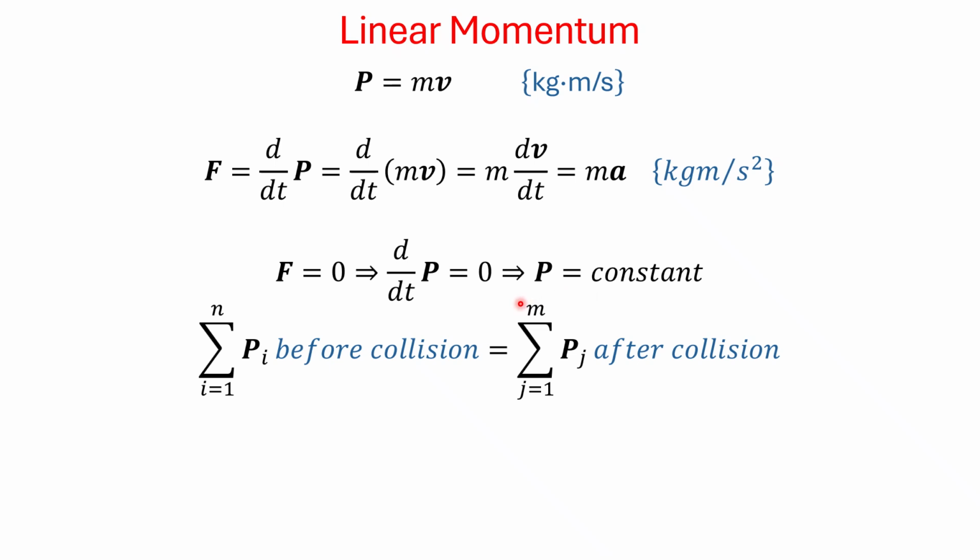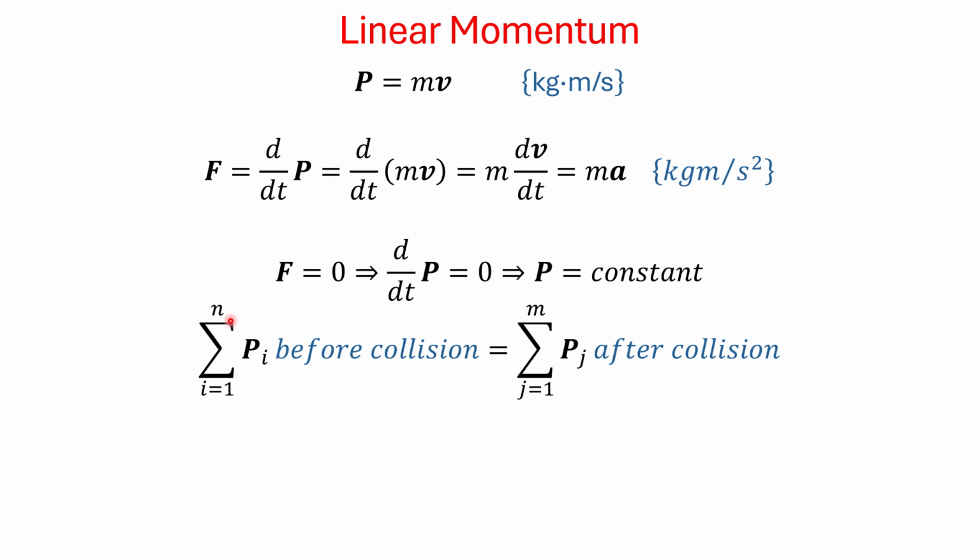Now, the law of conservation of momentum in case of collision: we state a definition before collision and a definition after collision as the summation of all momentum of particles. The sum of momentum of all particles before collision is essentially equal to the summation of momentum of all particles after collision.